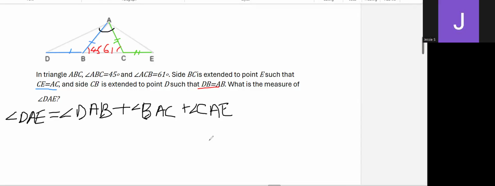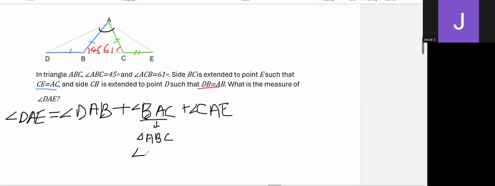The easiest one to find is angle BAC. We could see that angle BAC is in triangle ABC, the middle triangle there. We know that in one triangle, the three interior angles always add up to 180 degrees.